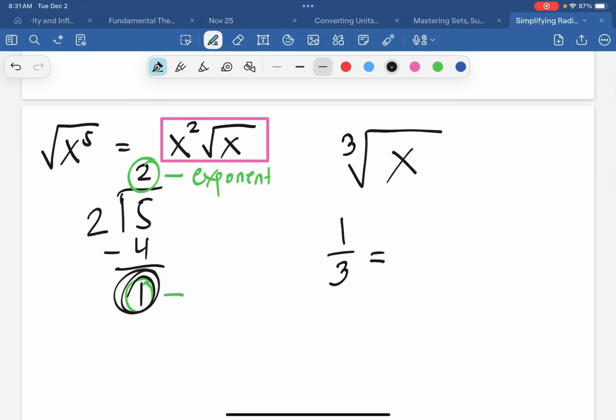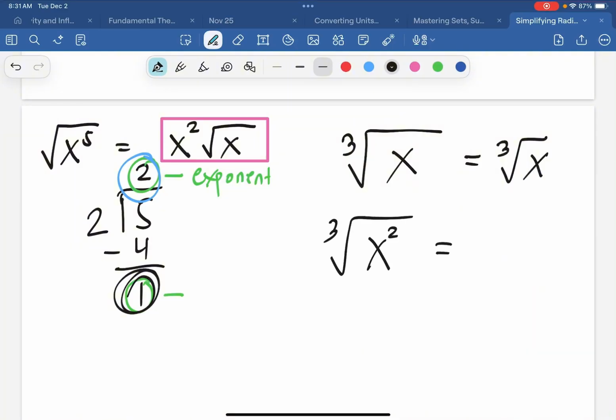Again, our goal is to have a whole number. So the cube root of x is just the cube root of x. Same thing with the cube root of x squared.